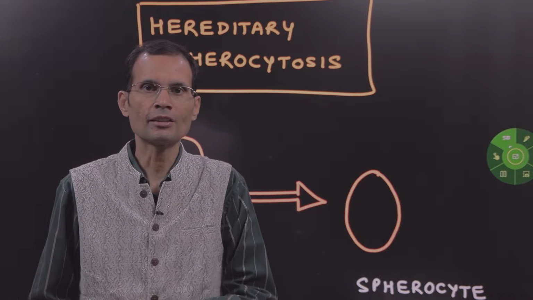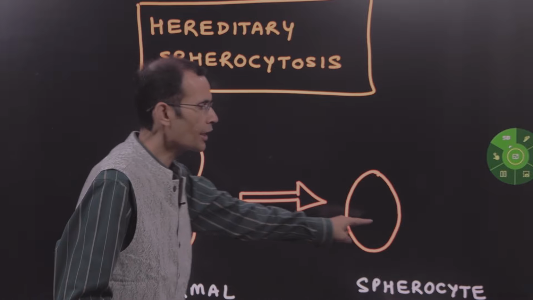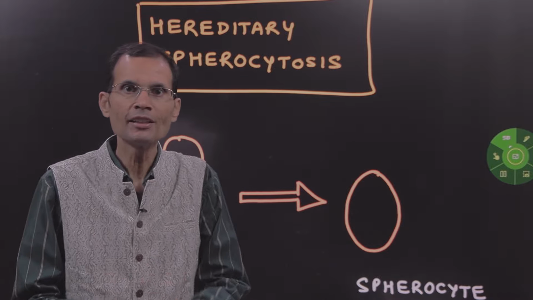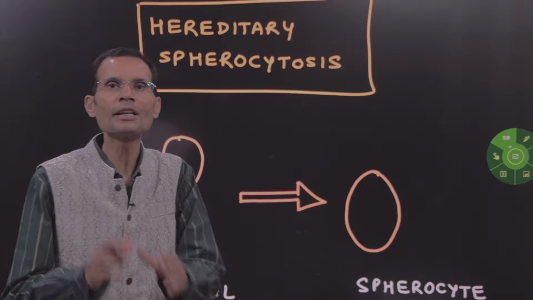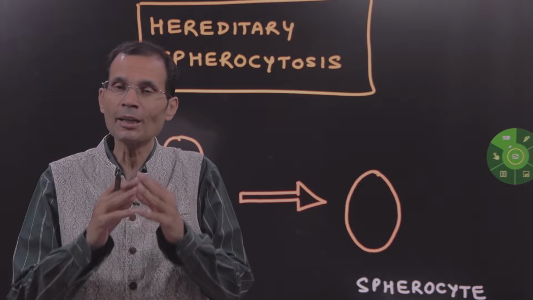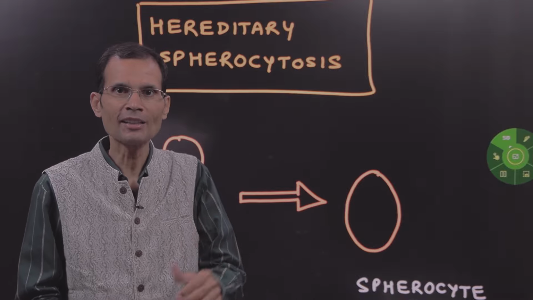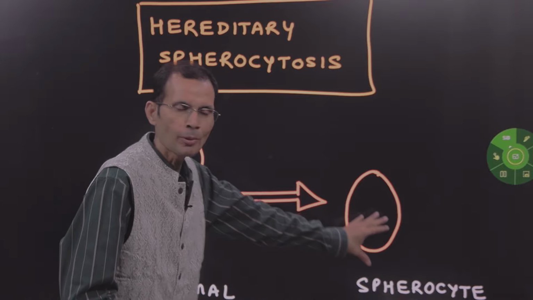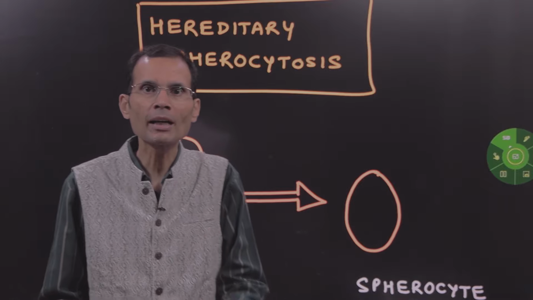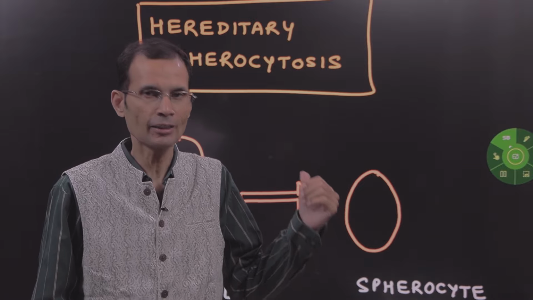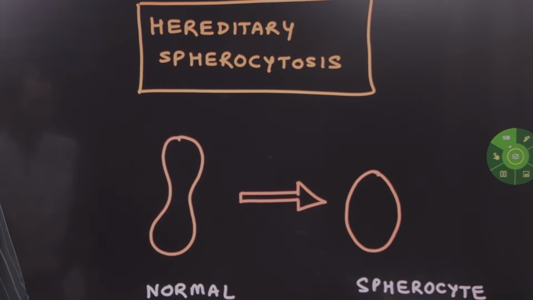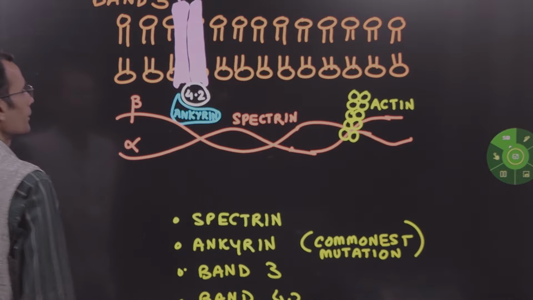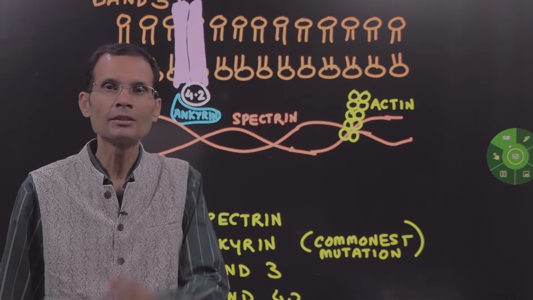Note two things here. One, the RBC shape has changed, and second, RBC volume decreases. That's a very important point to understand this MCQ. Volume of the RBC becomes less in this condition. Right, so just a quick theory part.